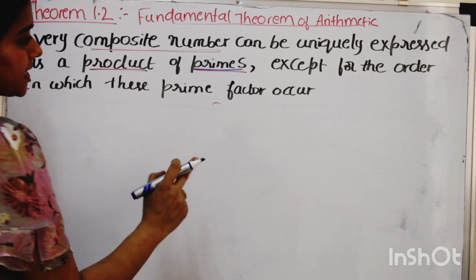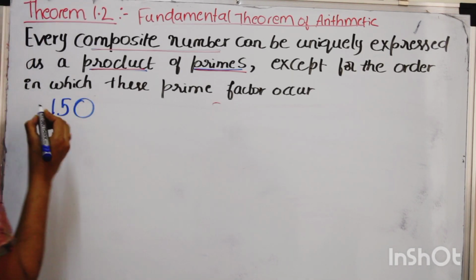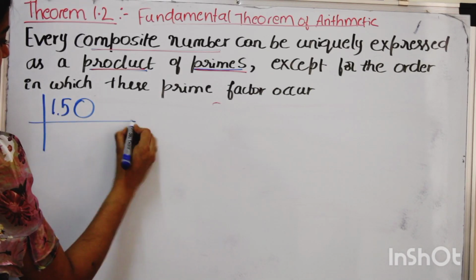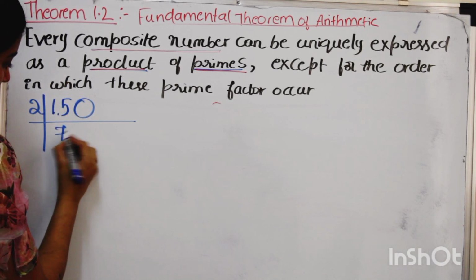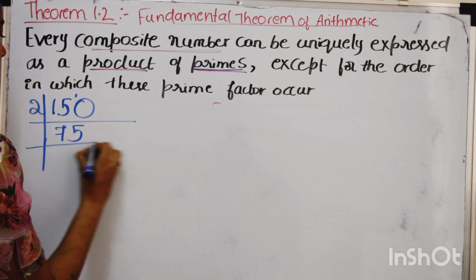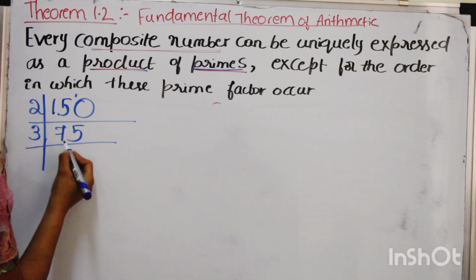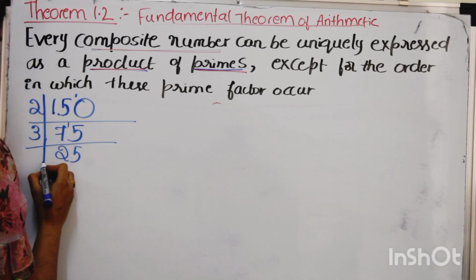Let's take one example, 150. If you take the prime factorization of 150, it is divisible by 2: 2 7s are 14, 1 remaining, 2 5s are 10. Again, 75 is divisible by 3: 3 2s are 6, 1 remaining, 3 5s are 15.